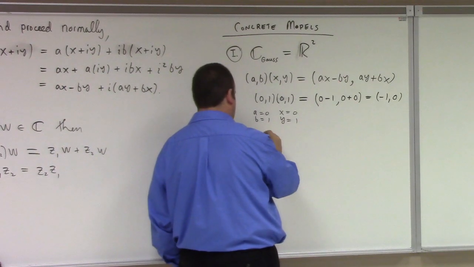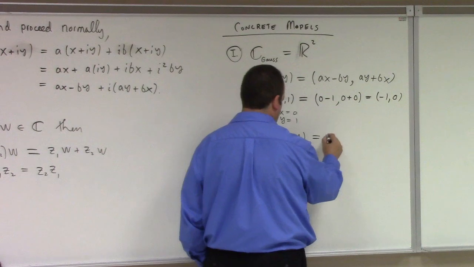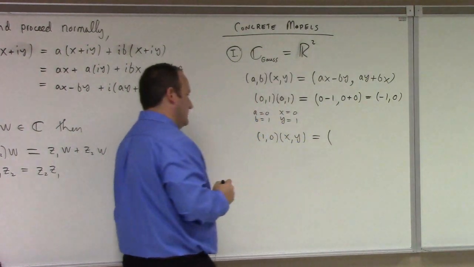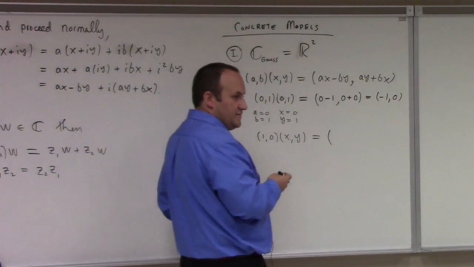Now, notice also that if we take 1 comma 0 times x, y, in this kind of weird way of multiplying vectors in the plane, what do you get?